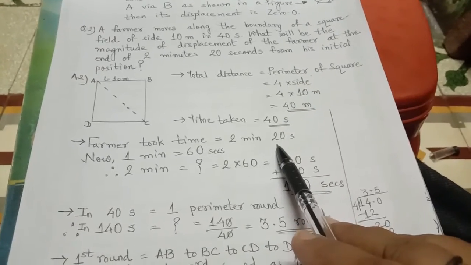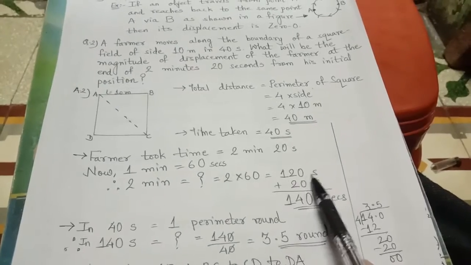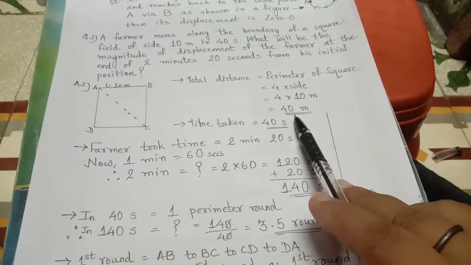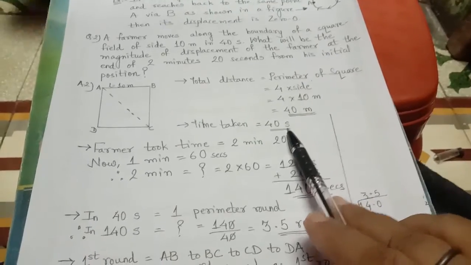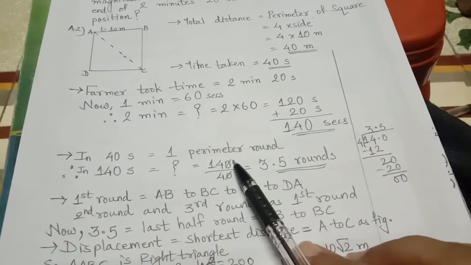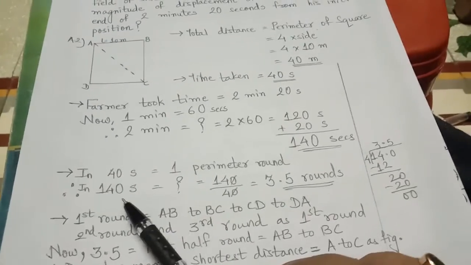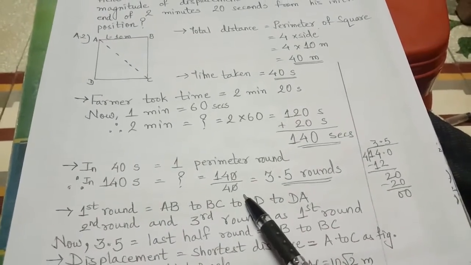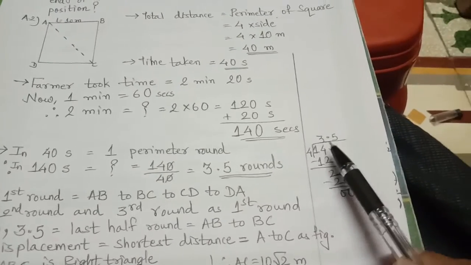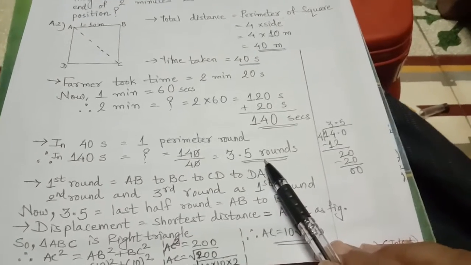Addition of 20 seconds: 120 plus 20 is total 140 seconds. Now we have calculated that 40 seconds is 1 perimeter round. In 140 seconds, how many rounds? 140 divided by 40 gives 14 upon 4, which is 3.5. So it is 3.5 rounds.